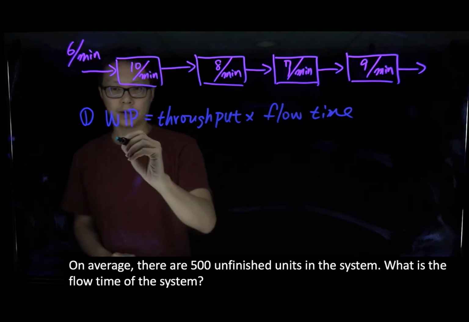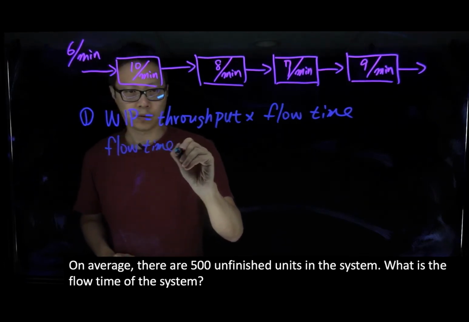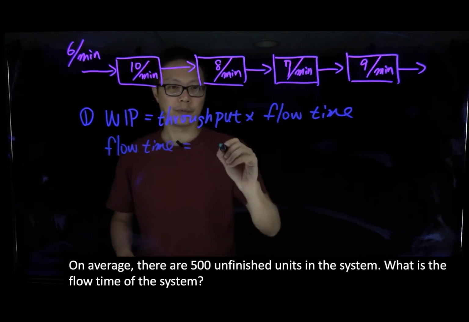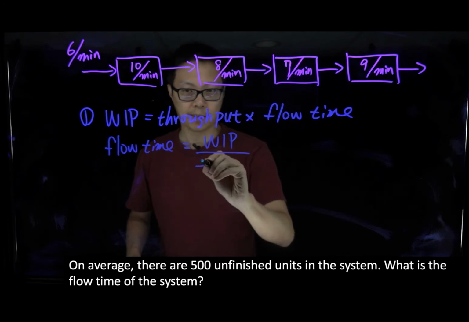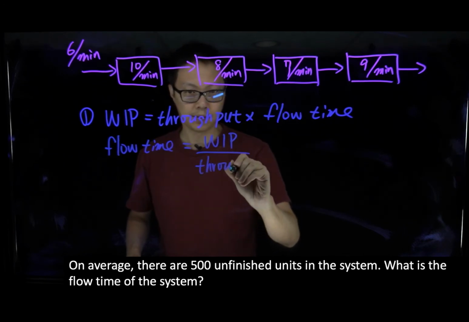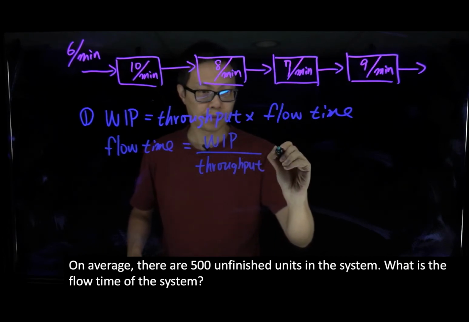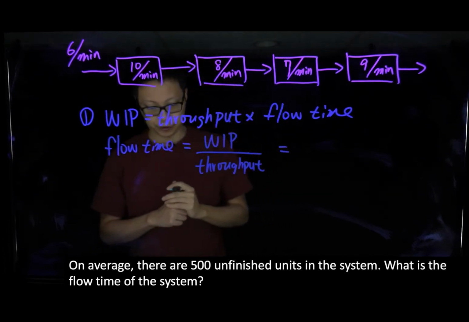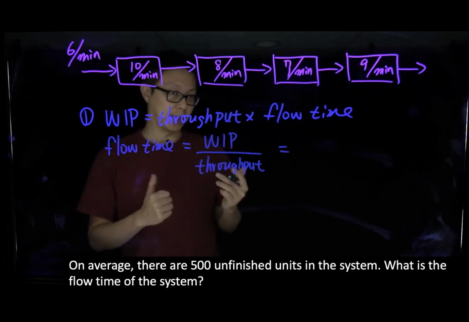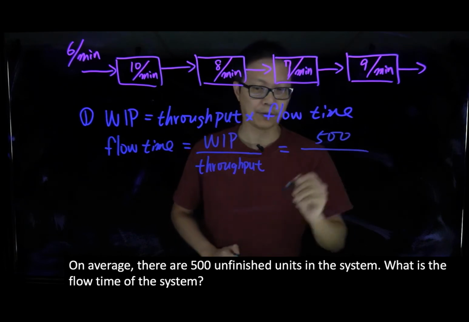In other words, the flow time will be equal to the work in process divided by the throughput. There are 500 unfinished units in the system, which means our work in process is equal to 500.